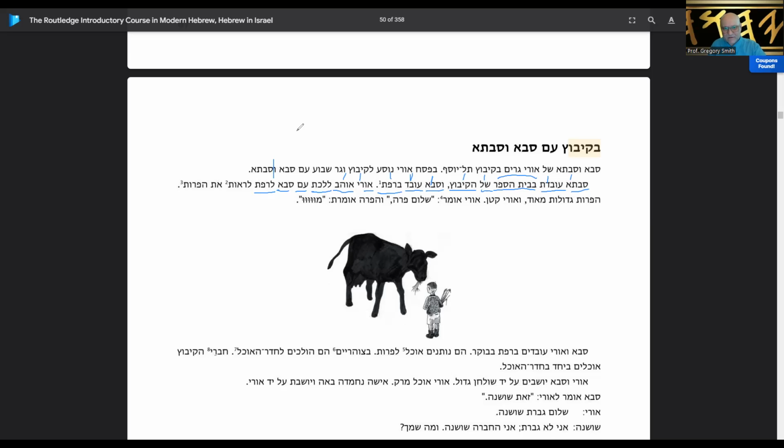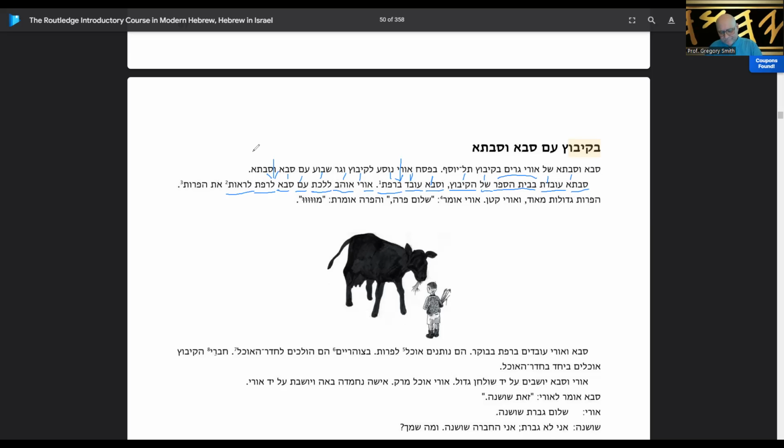Lerefet. So this one here is barefet, in the barn, and this one here is lerefet, to the barn. Ori ohev lelechet im Sava lerefet, to the barn, lir'ot.